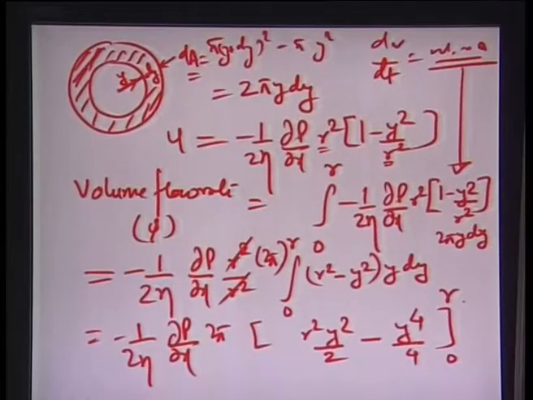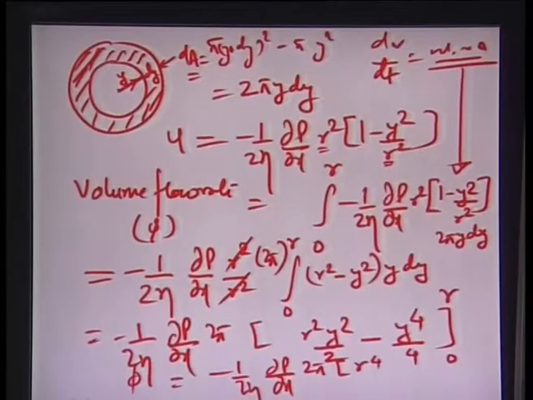So, essentially this takes the form r square by 4, and we are left with an equation of the type phi equals minus 1 by 2 eta del p by del x, 2 pi times of r 4 by 4.